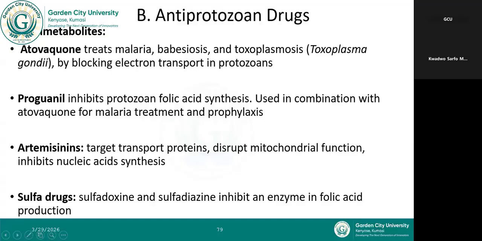Once they block the electron transport, it affects energy production, and then the cells cannot have enough energy for their metabolic activities. Proguanil also targets folic acid synthesis within the organisms.